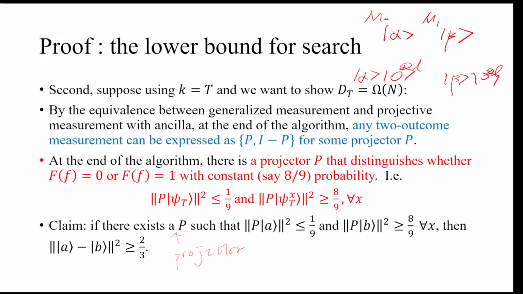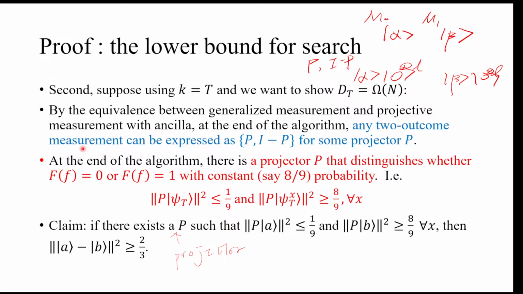Then on this bigger space we do our P and I minus P. We are saying the measurement probabilities of using those two states on these two measurements.